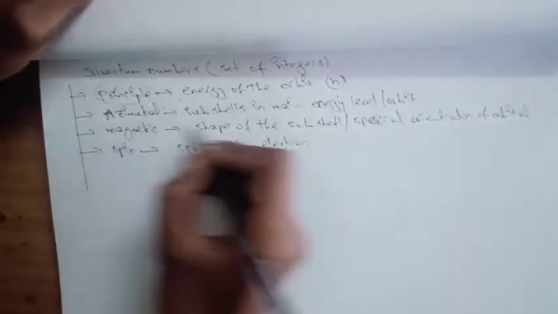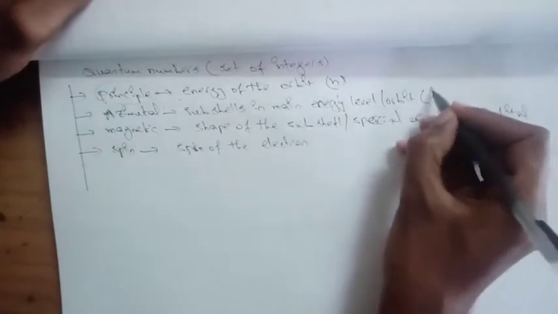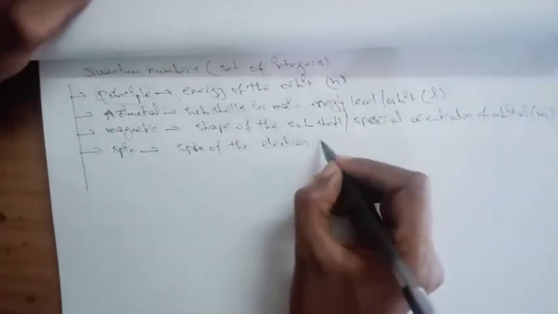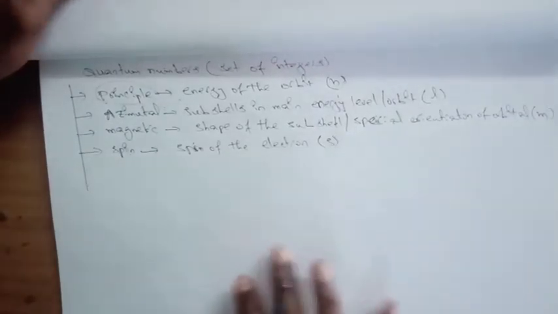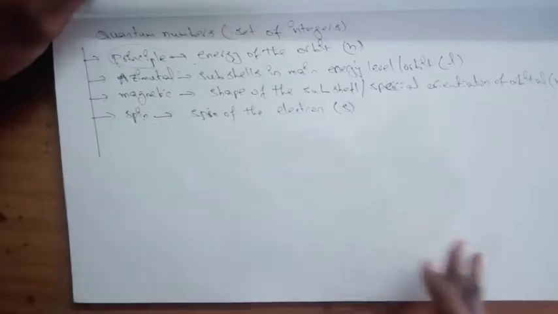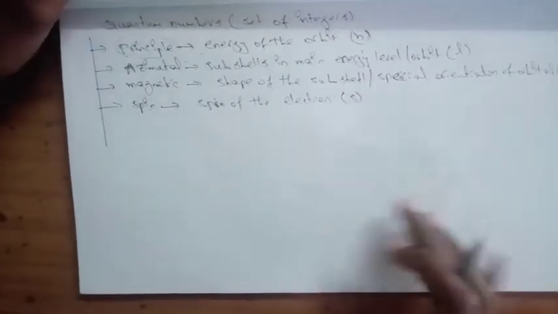The azimuthal quantum number is represented by l, the magnetic quantum number by m, and the spin quantum number by s. We can discuss these four quantum numbers in a single box.